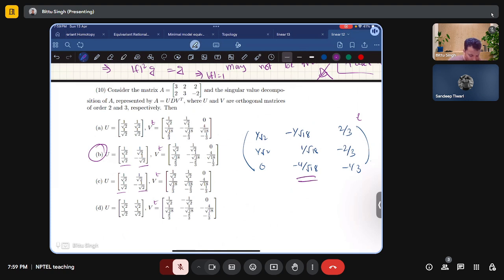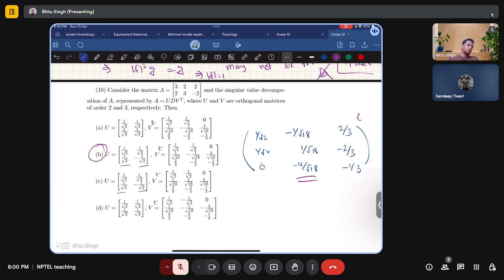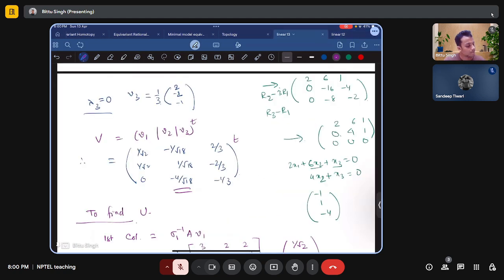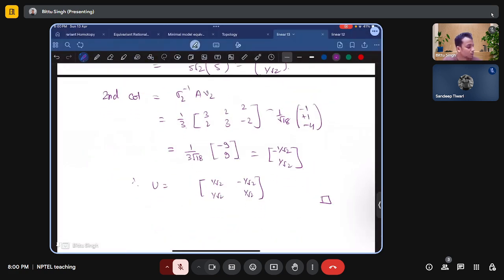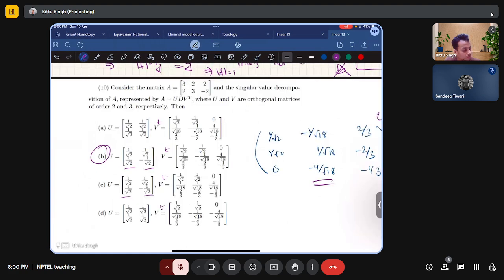V is formed by those eigenvectors. Yes, sir, because we need a 3 cross 3 matrix. So we calculate A transpose A. So it is okay, whatever I have written is correct. So that is the final answer. A transpose needs to be added here. Okay, then option B will be correct.